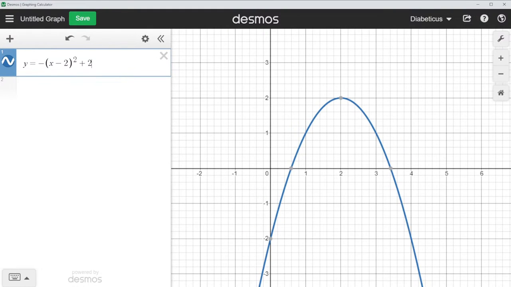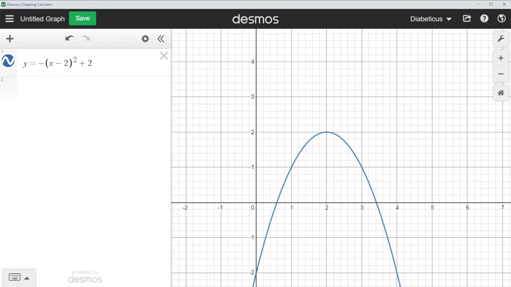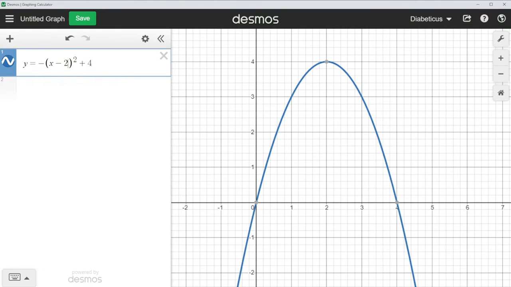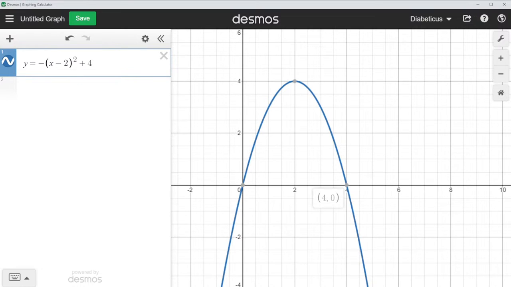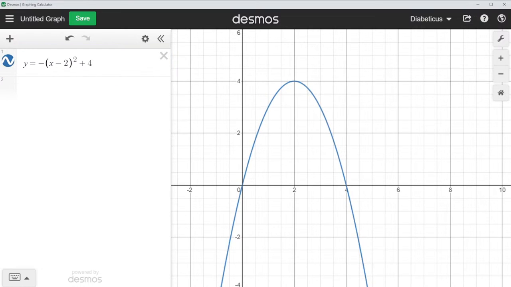Anyways, let me just position this so it's on the corner. There we go. So it's stationed from 0 to 4, and I want to find the arc length of just this part here.